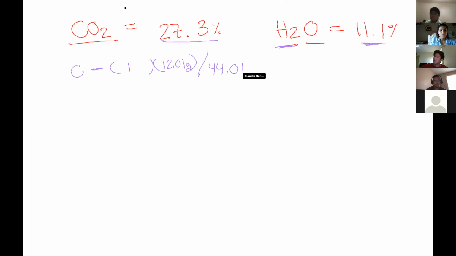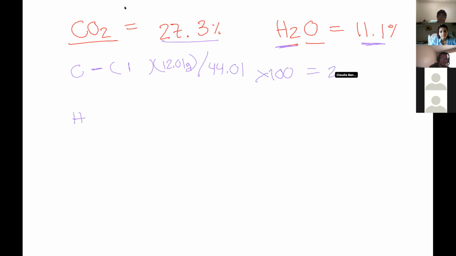Good. So if you do this calculation and multiply by 100, what should you get? 27.3, like what we got. So that's how we got this, the percent composition the way you learned it in workshop.